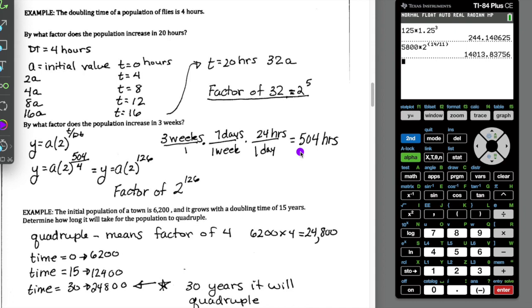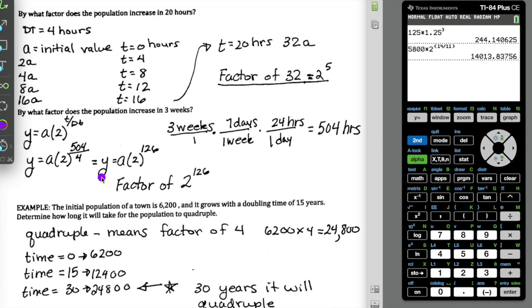So now that I changed it so that it has the same units, 504 hours, and then 4 hours down here for the double time, I put all of this into my formula. So I ended up getting a times 2 to the power of 126, and I got this 126 by taking 504 divided by 4.